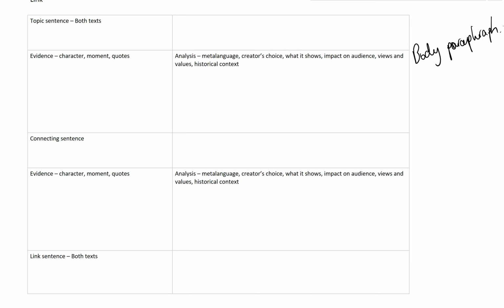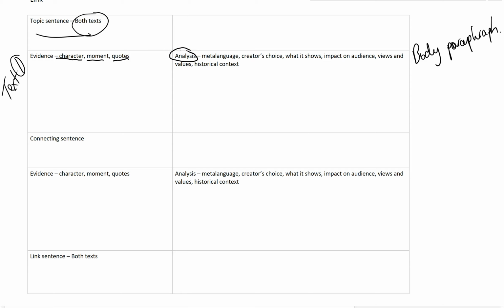So your topic sentence from each paragraph should have some big idea about both texts, and then we pick text 1, evidence, character, moment, and quote, and then analysis.